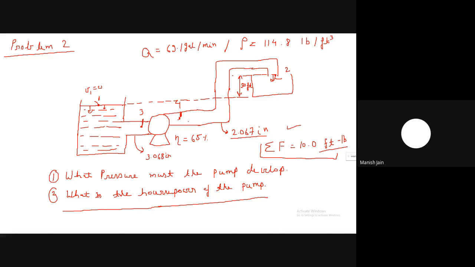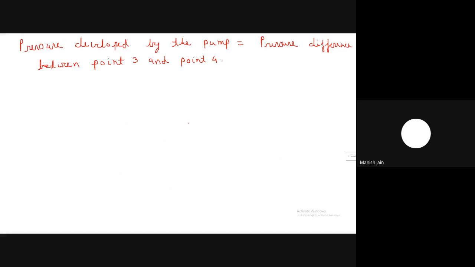Okay, so from the Bernoulli equation, you can write (P4 minus P3) divided by rho equal to V3 square by 2gc minus V4 square by 2gc.